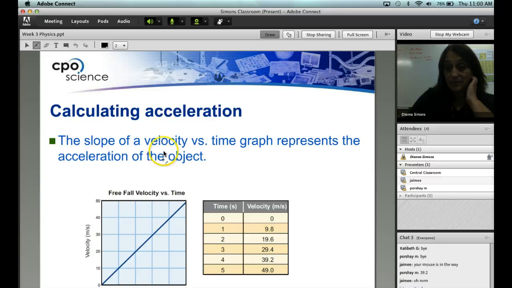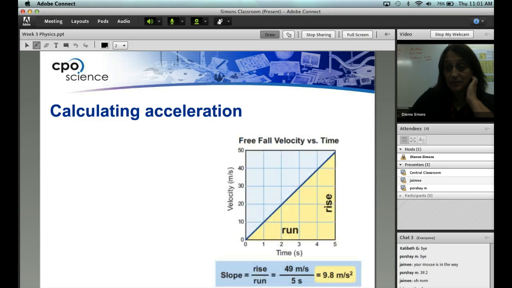Okay, so calculating acceleration: the slope of the velocity versus time graph represents acceleration. So in this particular case, we have a constant acceleration because the slope is never changing. The line is a straight line. Again, you calculate the slope the same way, rise over run.